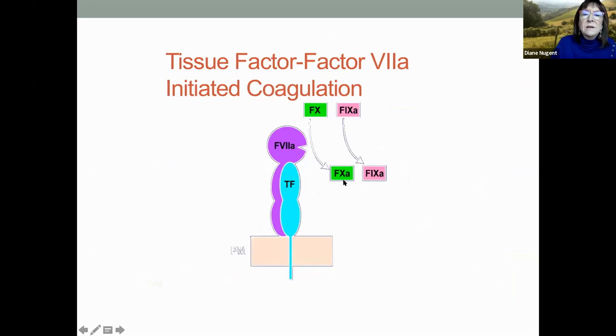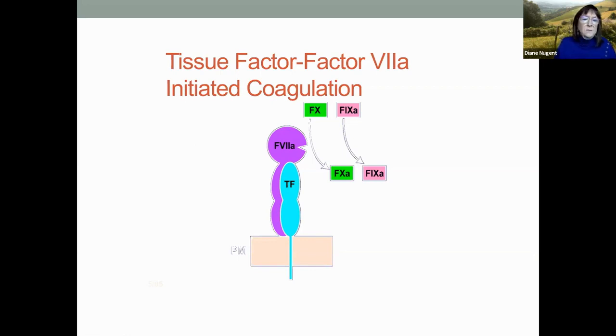And if you have factor X deficiency or factor IX deficiency, you can see what an important role those factors play right in the beginning of clot formation. And the same with factor VII. And actually, one of the more common rare blood disorders are people with factor VII deficiency. And you can see where having a low factor VII is going to cause some bleeding.